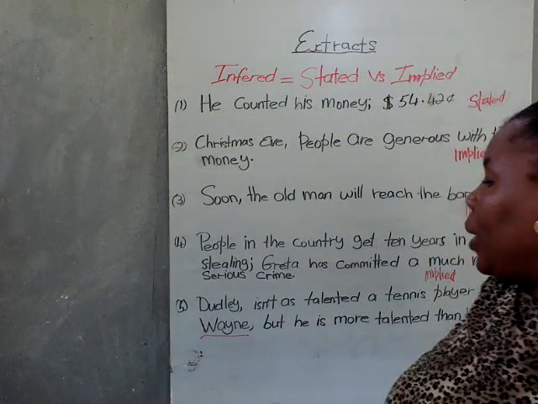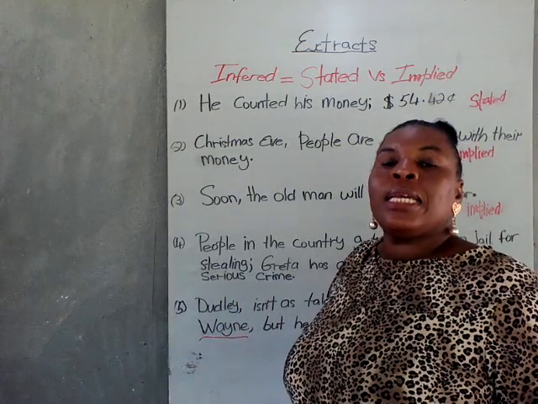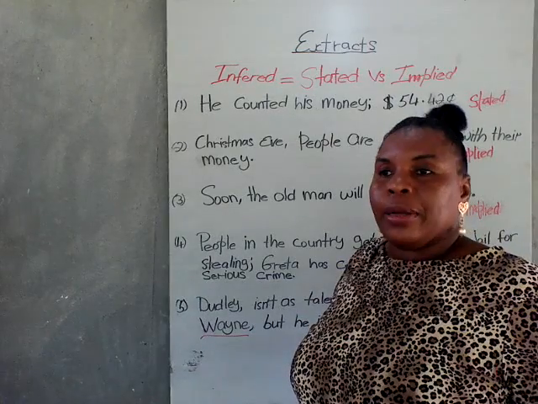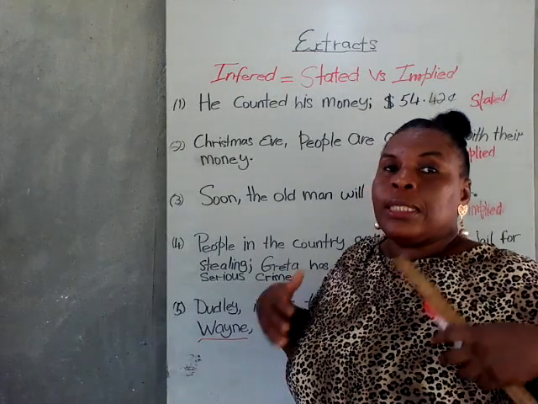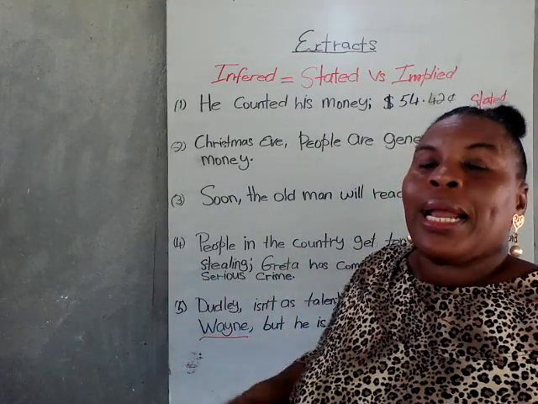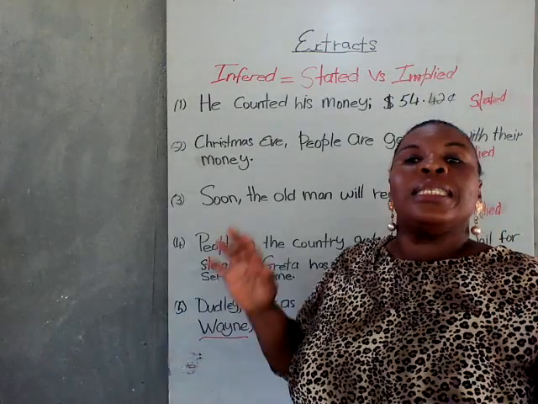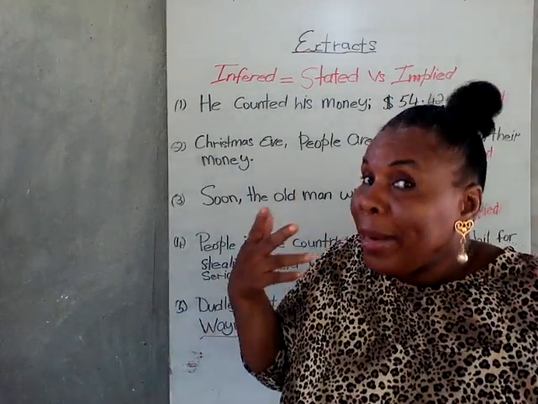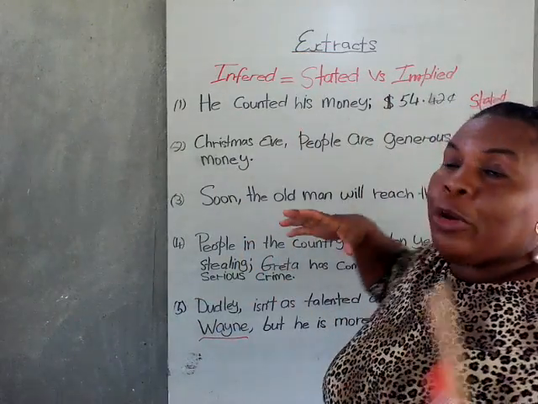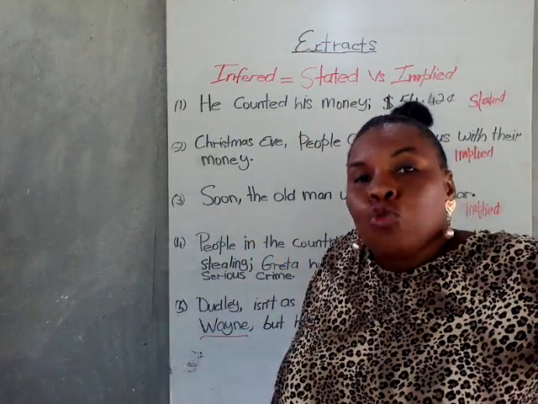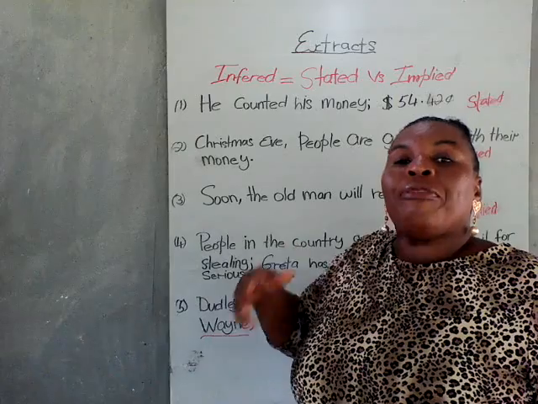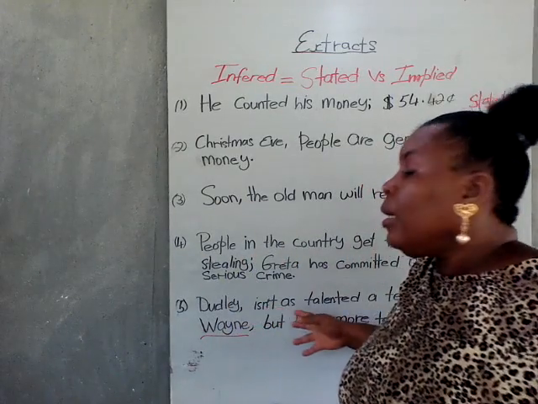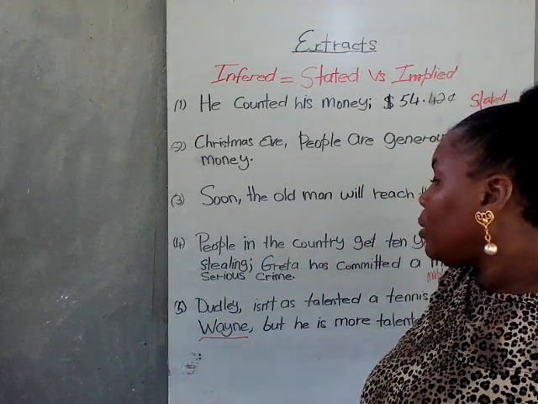Although the sentence did not tell us that he's a great player, it didn't state or clarify that he is a better player, we can read between the lines, we can imply. That is what it means when you imply: you're reading between the lines, drawing conclusions from evidence.